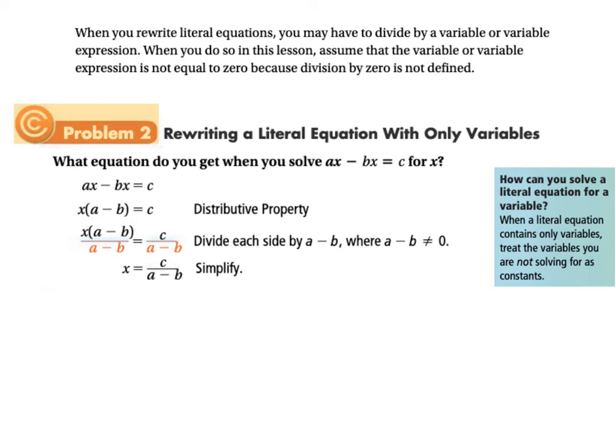You could think of these as being just numbers themselves. Because they are worth something, you just don't know what they are, but they're numbers. So you can treat them like numbers and use the same rules that you would apply on numbered problems for these variable-only problems. So when you do that, this is what you get. That, of course, cancels that out to leave you with x. So x is equal to c over a minus b.